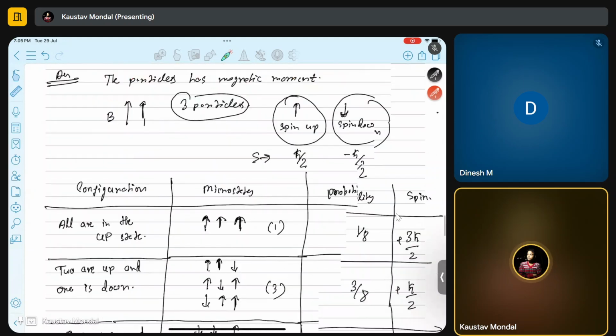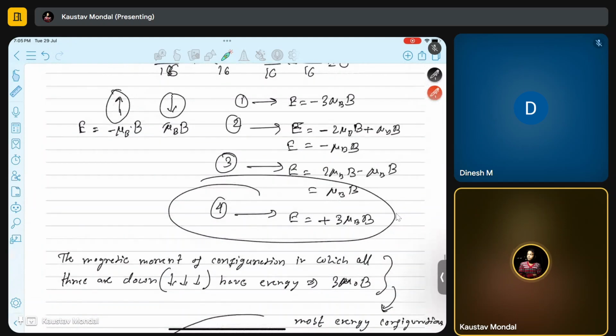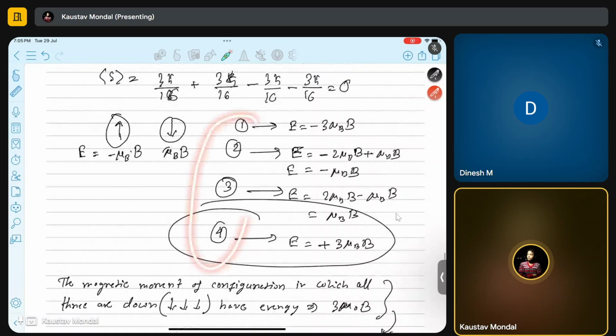the maximum energy that you can get in the system. If the particle is in spin up state, its energy will be minus mu b into b. If it's in spin down state, its energy will be plus mu b into b. For each of the configurations, I've calculated the total energy. First case is minus 3 mu b b.